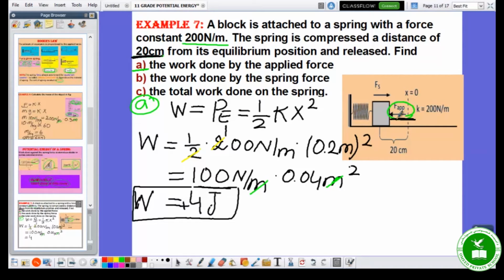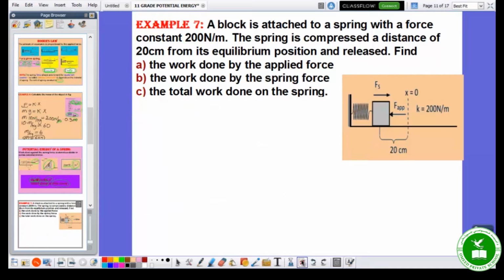Next, B part, the work done by the spring force. Now I erase the board and solve B part. We should remember that work done by external force is 4 joule. We have taken the work done by external force as positive. Now the spring will do work against that force, so let's take this work done as negative.